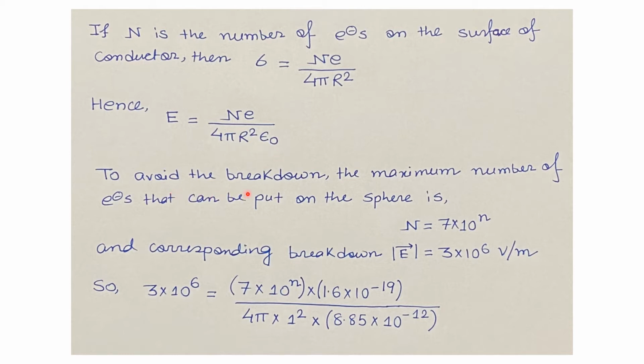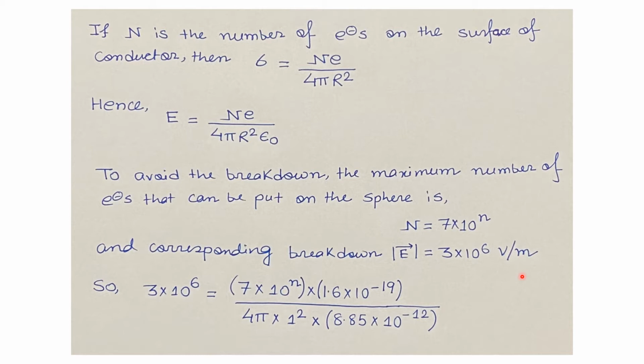To avoid the breakdown, the maximum number of electrons that can be put on the sphere is N equals to 7 into 10 to the power n. Here we have to find the n, and the corresponding breakdown electric field mod of E that is given in the question is 3 times 10 to the power 6 volt per meter.